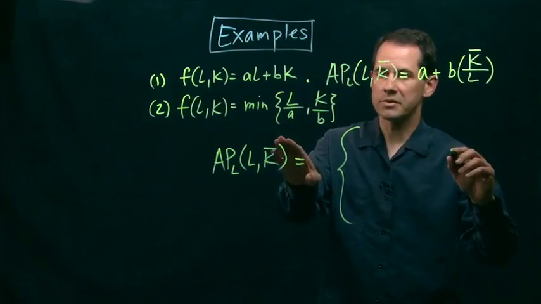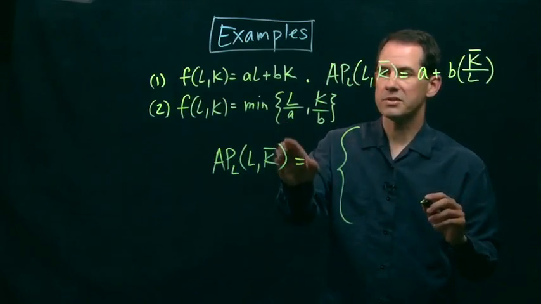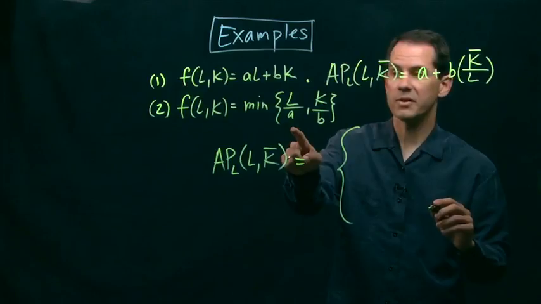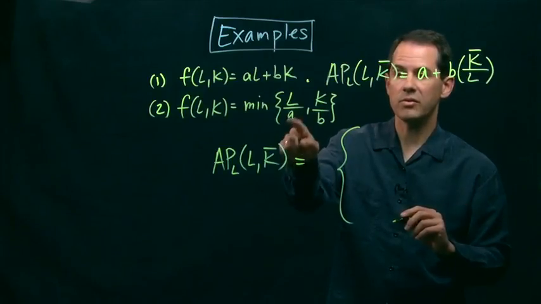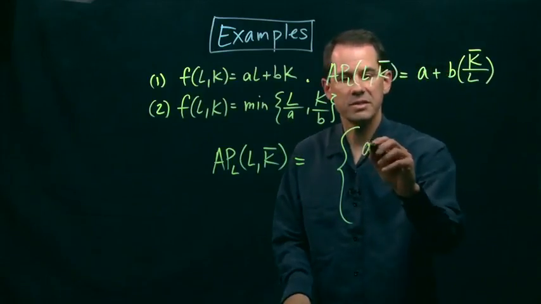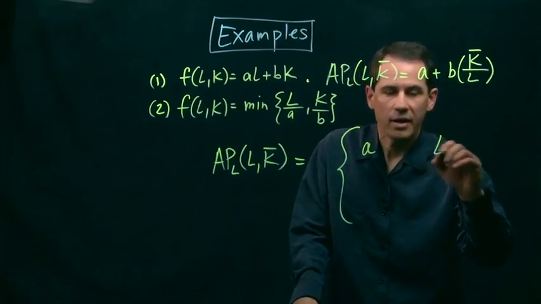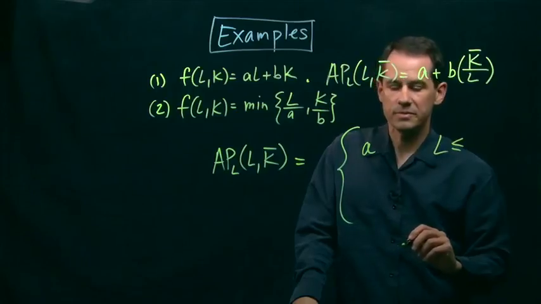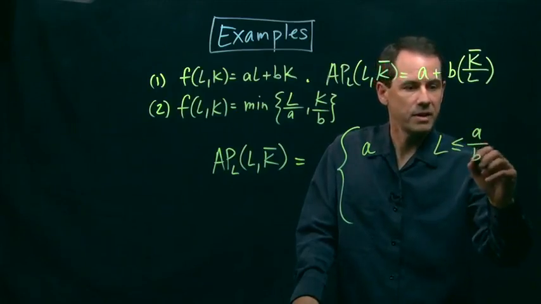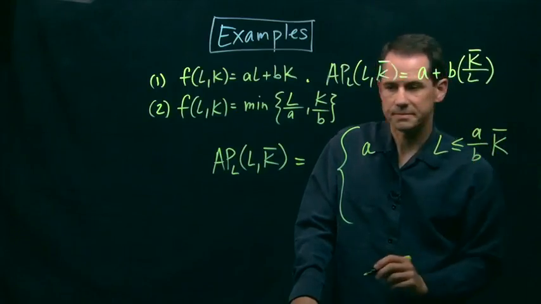For low values of L, the output is just L over A. And we're looking for the average product. So it's L over A divided by L. That's just 1 over A. Where is that valid? Well, it's where L is less than or equal to A over B times K bar.